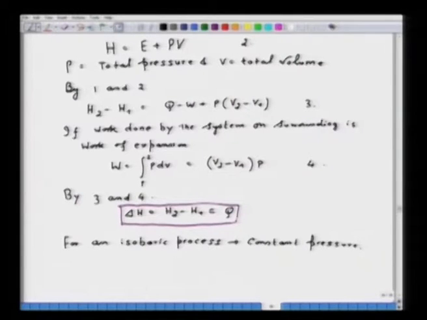Delta H is equal to Q, and Q is the heat absorbed. Heat absorbed by the system can be related to the change in enthalpy or the heat content, and enthalpy is also a state property of the system.